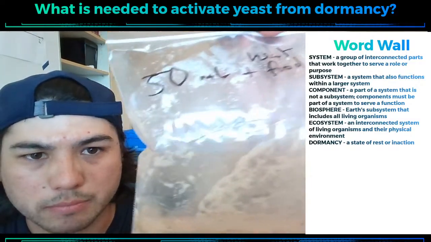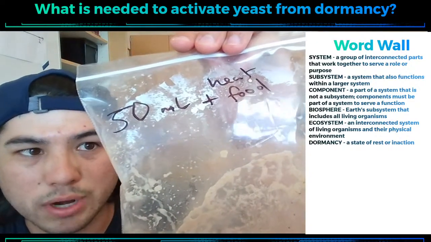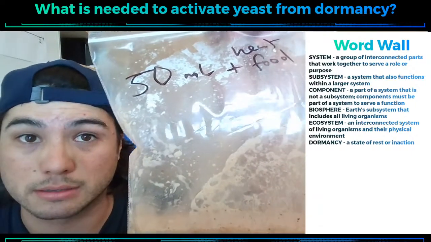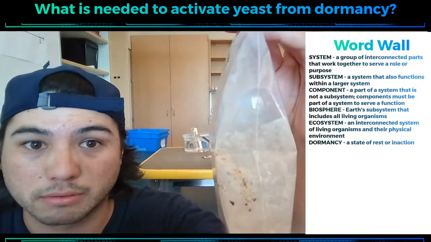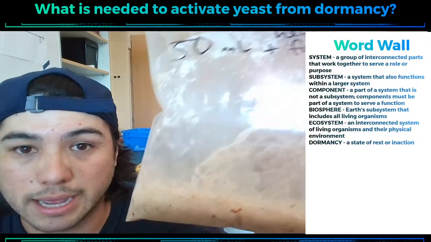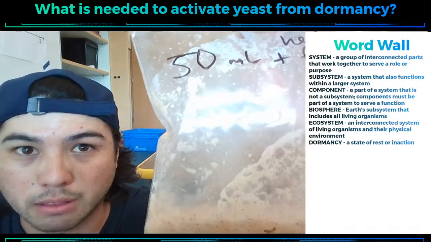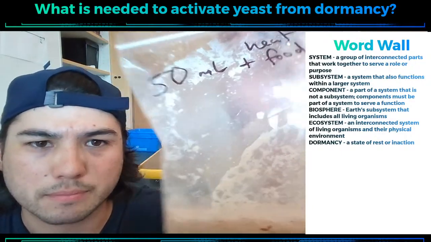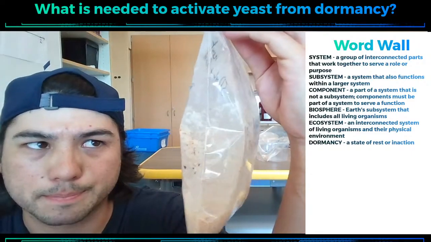Waking it up. What were all those components? And then what is the evidence? How did we know? What change occurred that tells us that this yeast has woken up? That is going to be our exit ticket for this lesson.